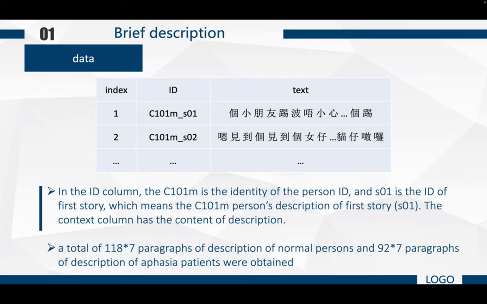The context column has the content of the description. A total of 118 multiplied by 7 paragraphs of description of normal people, and 92 multiplied by 7 paragraphs of description of aphasia patients were obtained.